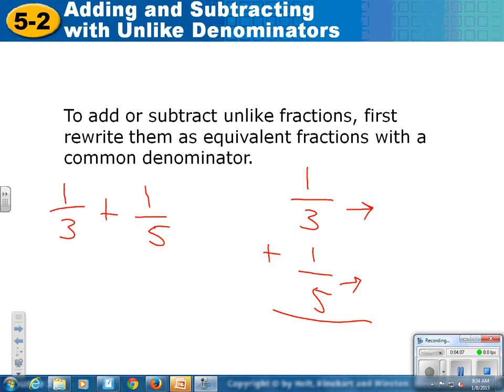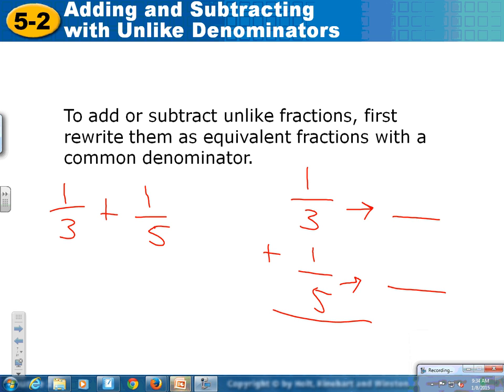Now, 1/3 plus 1/5. We need a common denominator. Believe it or not, a common denominator for this is going to be what? 15.